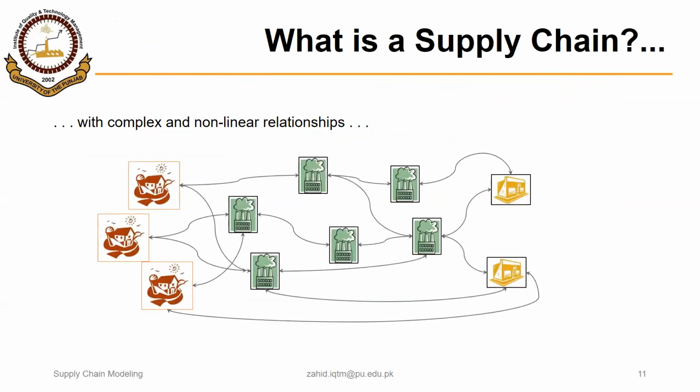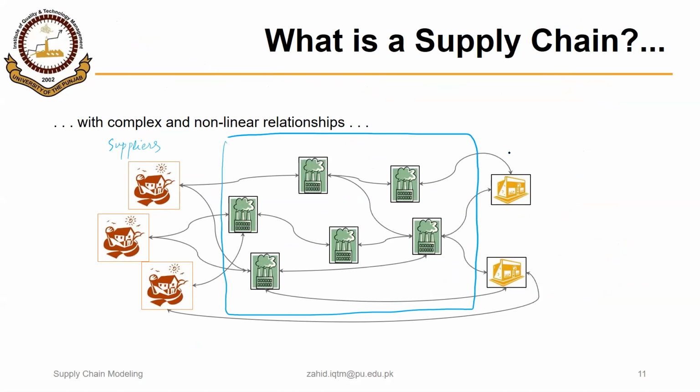And this is yet another description showing almost everything that we have seen, but one thing is new here. So again, here we have suppliers. We have 3 suppliers here, and that is our manufacturer, for example, and here we have customers. And this is our manufacturer.